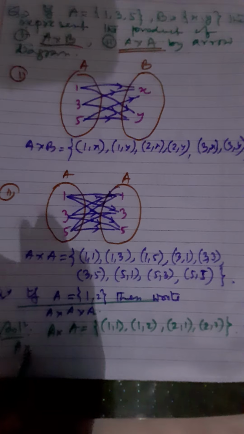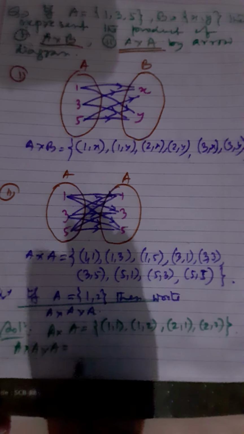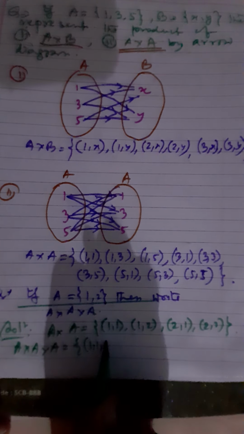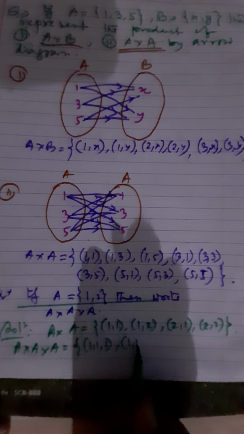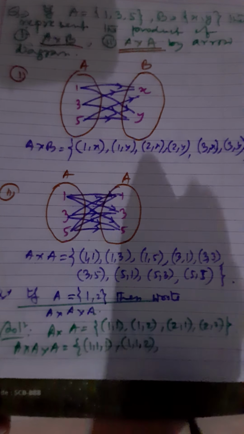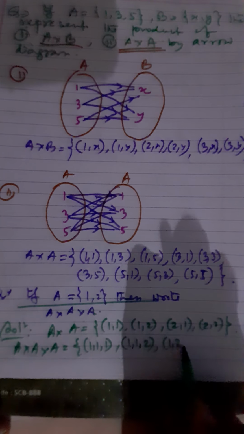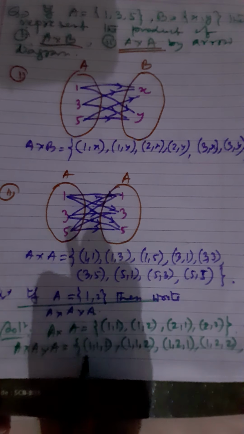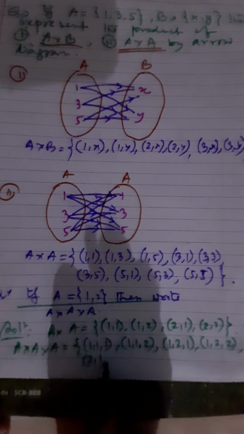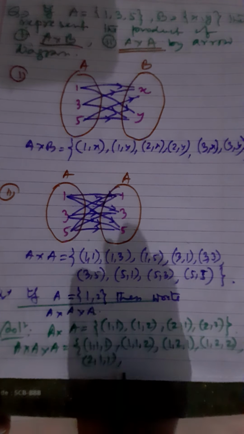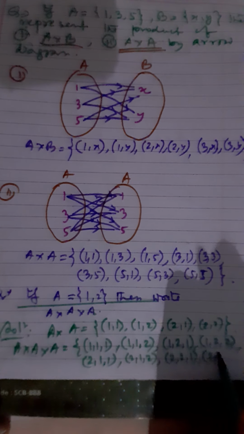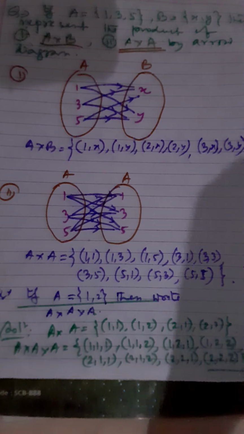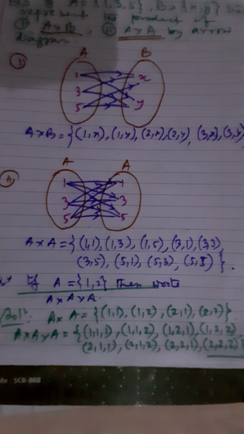Then A cross A cross A, what will we write? 1 comma 1 comma 1, 1 comma 1 comma 2, 1 comma 2 comma 1, 1 comma 2 comma 2, then 2 comma 1 comma 1, then 2 comma 1 comma 2, 2 comma 2 comma 1, then 2 comma 2 comma 2. This is the answer. Okay.